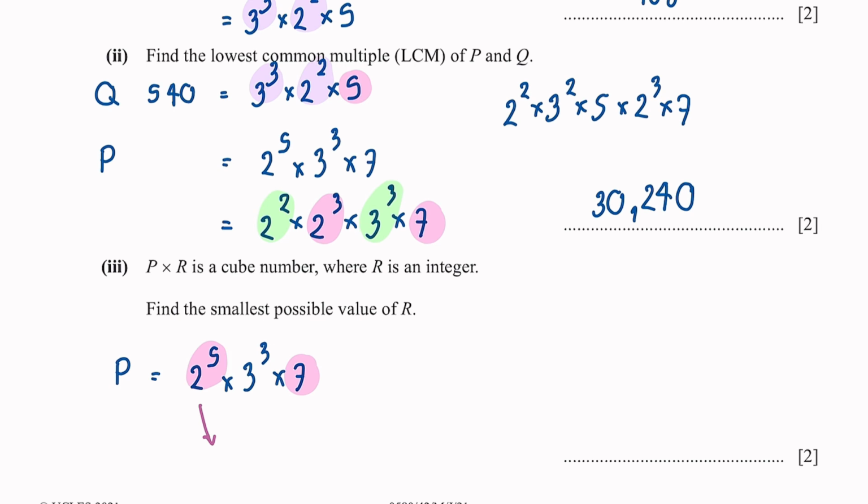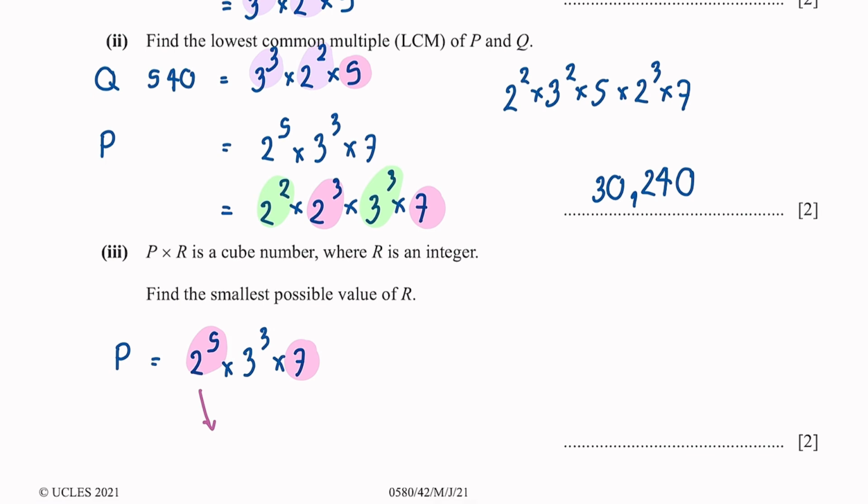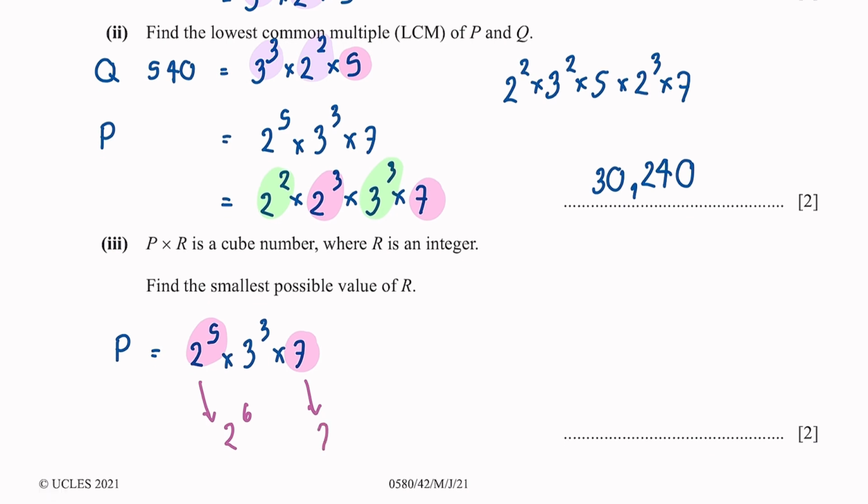Therefore, I want to convert 2 power 5 into 2 power 6. And I want to convert 7 to 7 cube. In order to convert 2 power 5 into 2 power 6, I have to multiply 2 power 1.